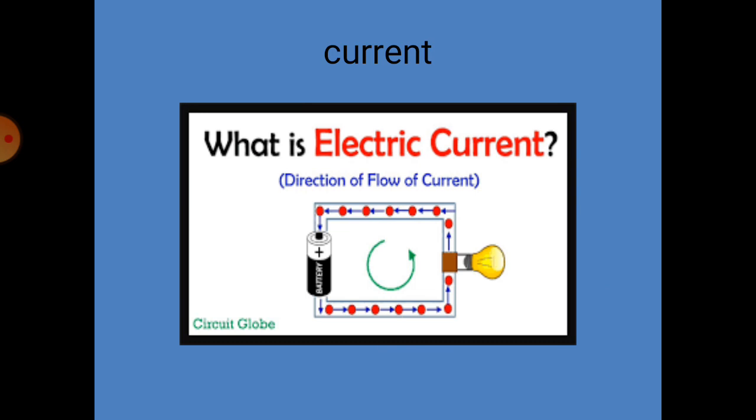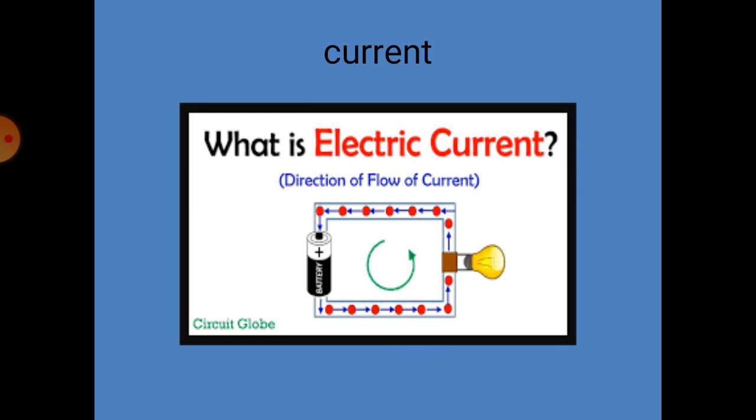Next one, electric current. In this circuit, from the source, which is a battery, the electrons flow through the load. Here the load is a light bulb. So the electrons flow through that wire, through that load, and then return to the plus terminal.